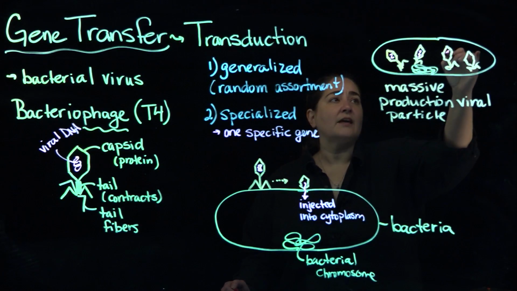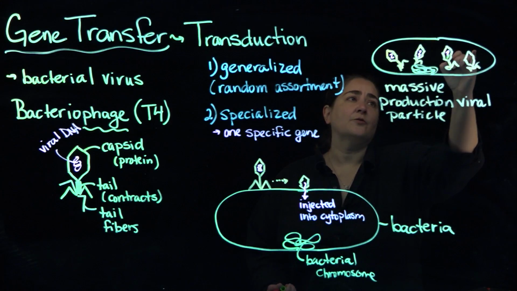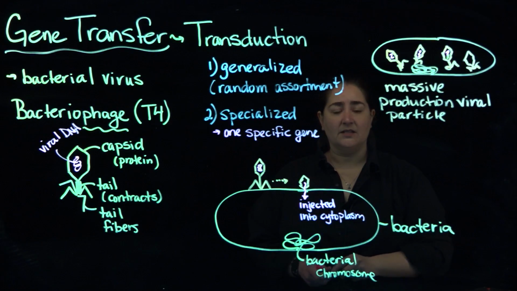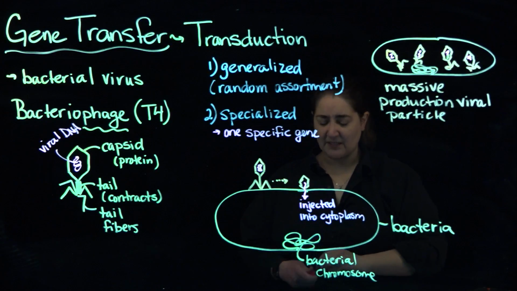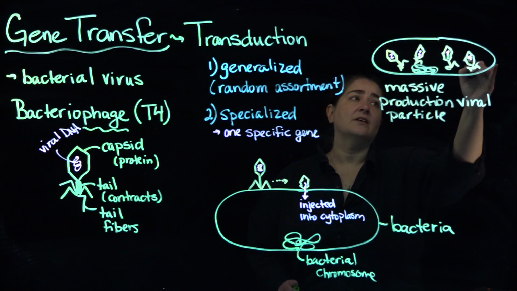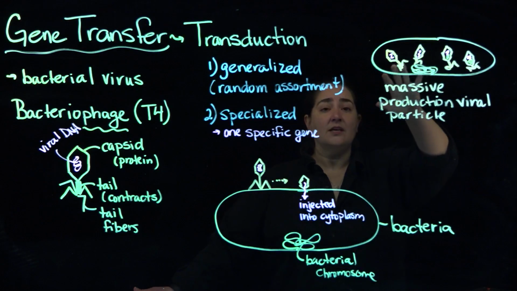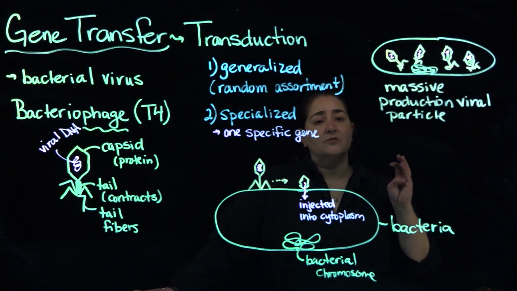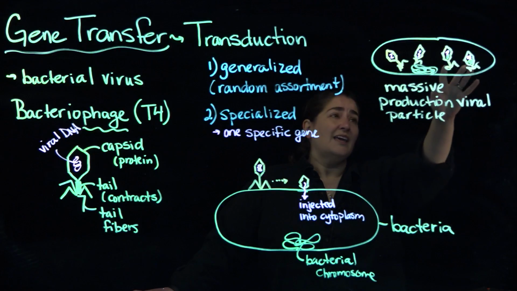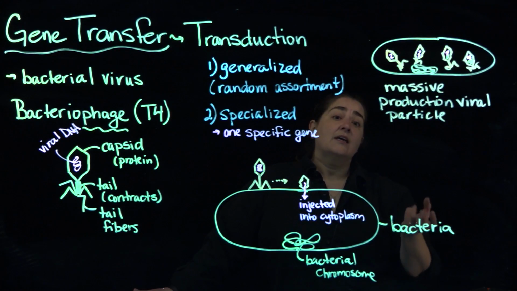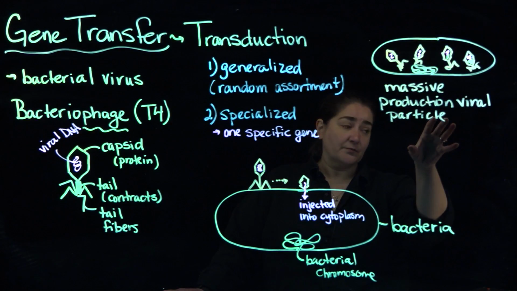But you can also have some of the bacterial chromosome picked up in the viral capsid. So in addition to the DNA that makes up the virus being packaged in, sometimes, especially later and later into production, the inside of the bacterial cell starts breaking down, the genome, the DNA, starts to be broken apart, and bits of the DNA can be captured inside of the bacteriophage capsid, all right?